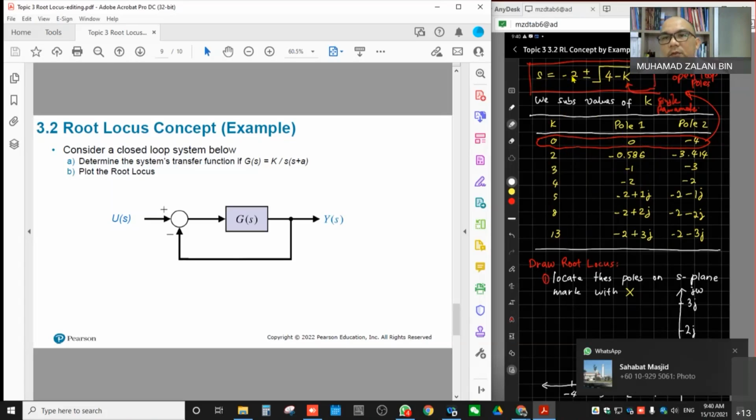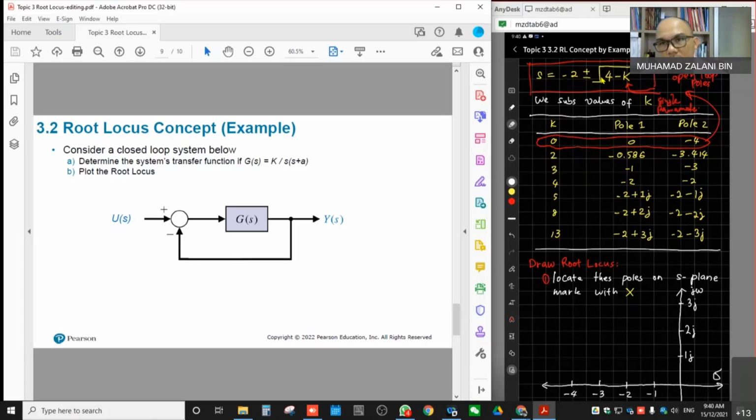Negative 2 plus minus 2. For the positive one, pole number 1, negative 2 plus 2, meaning that it is 0. For pole number 2, negative 2 minus 2 is negative 4.